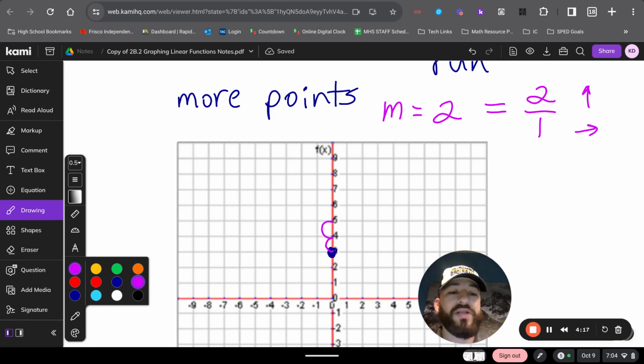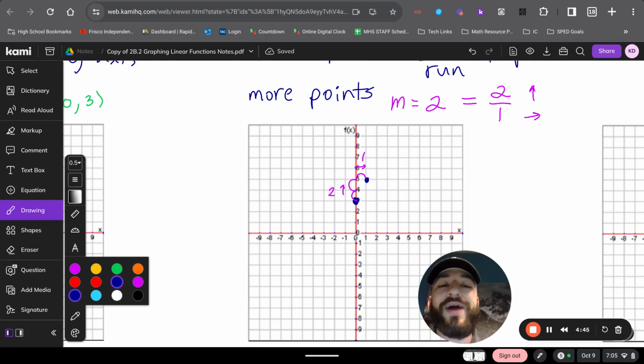Our rise will change. We'll either rise up for a positive slope or rise down for a negative slope. But our run, we are always going to run to the right. So I'm going to run by 1. So rise by 2, run by 1. And right there where my little movements end is going to be my next point.